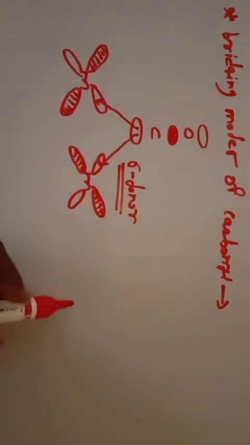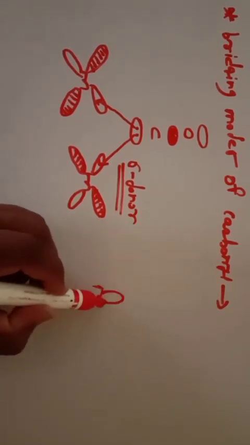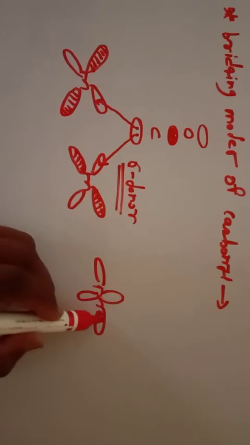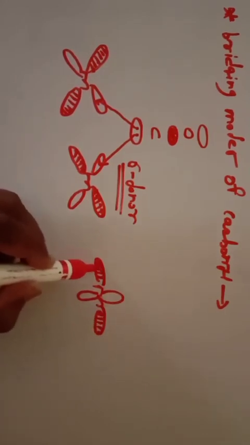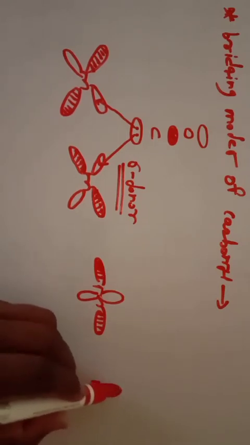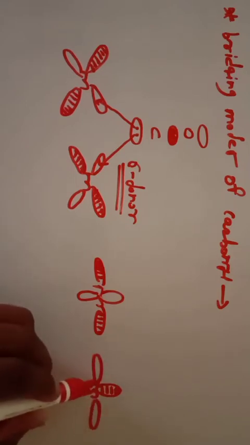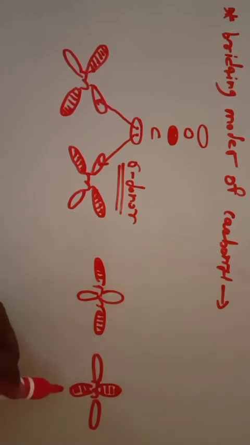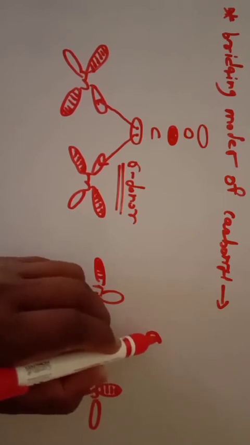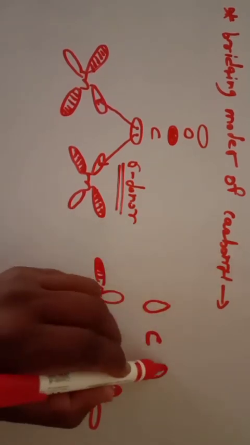We will show it in this way: metal having d orbital, and this is again your carbon, the carbon having an empty pi star orbital.